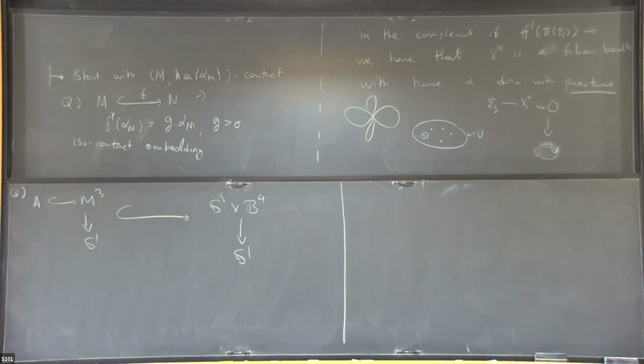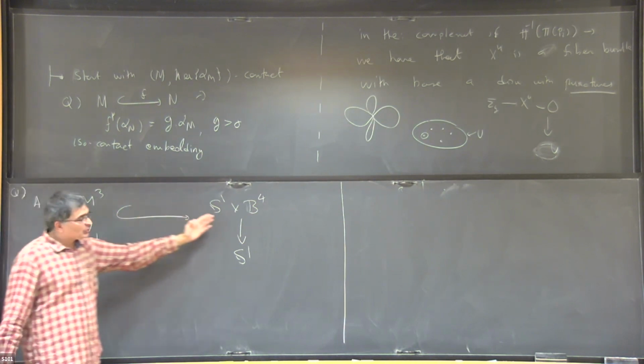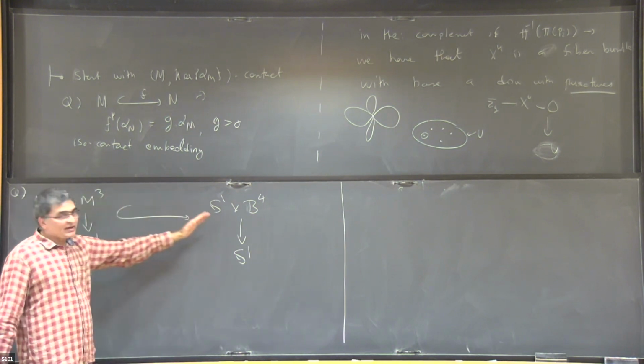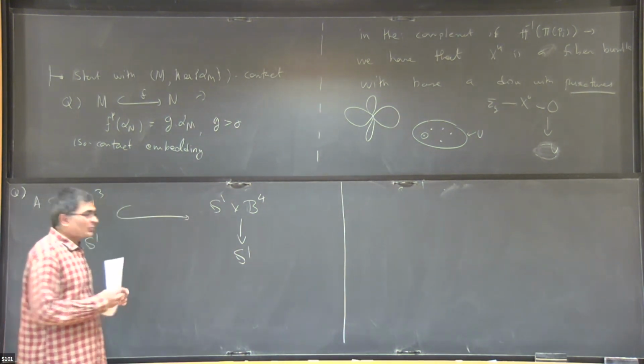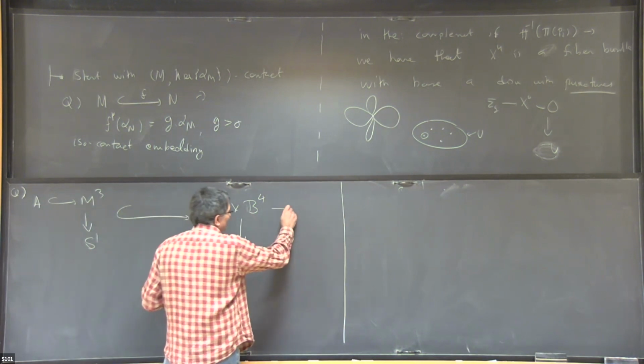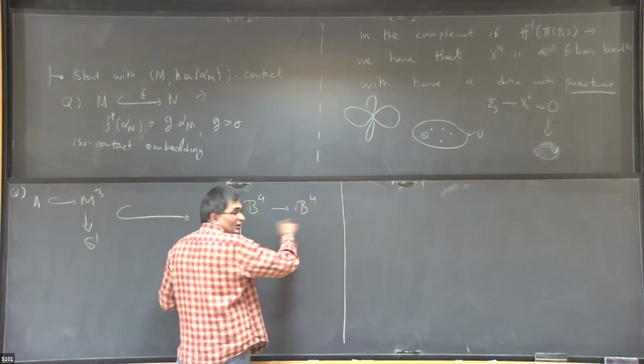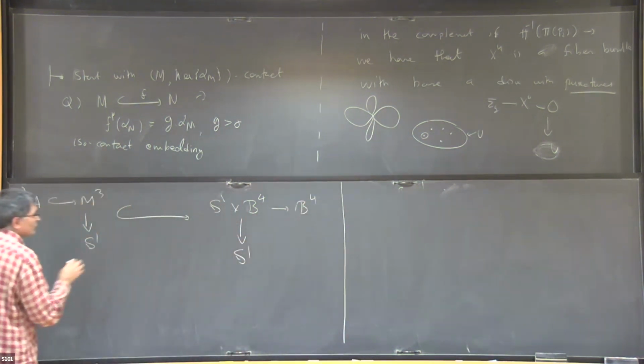In order to produce this embedding, you do what I call reverse engineering. Suppose it was possible to produce an embedding like this with this property. Because this is a trivial fiber bundle, you can project to the B4.